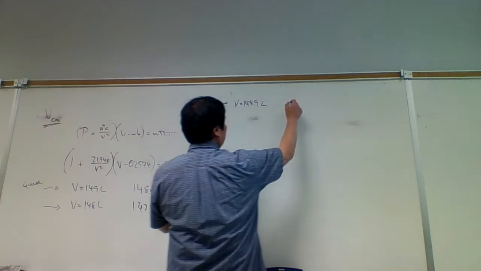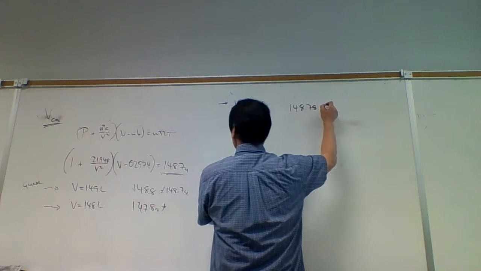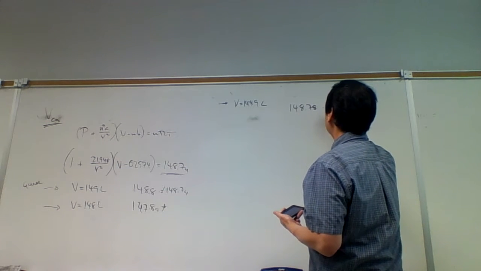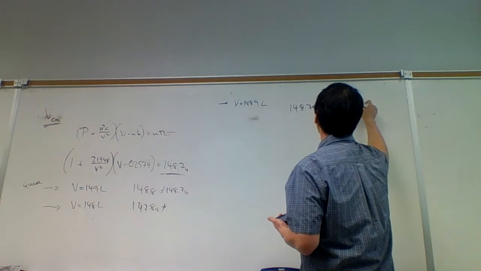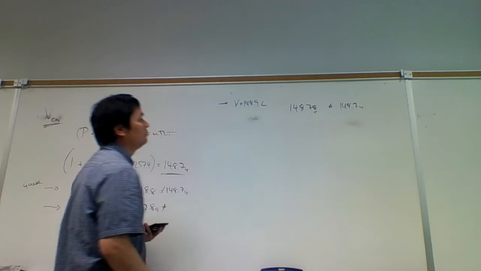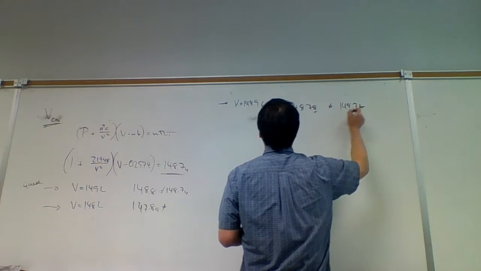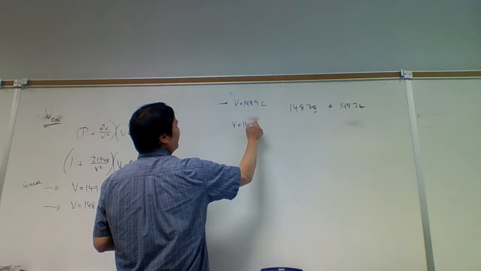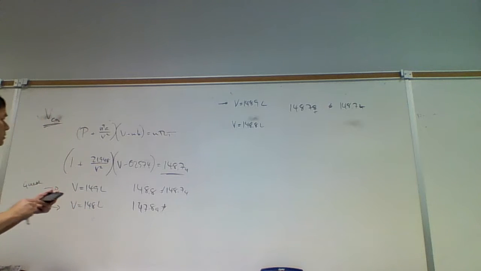And so I get 148.78, very close to 148.74, just slightly off. I want to drop that down just a little bit. And so I could try a volume of 148.8. Let's try that and see where that gets us.